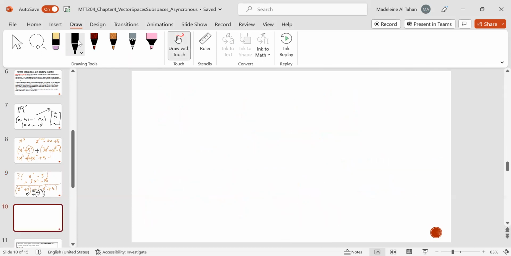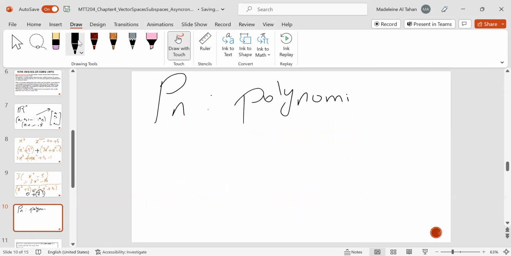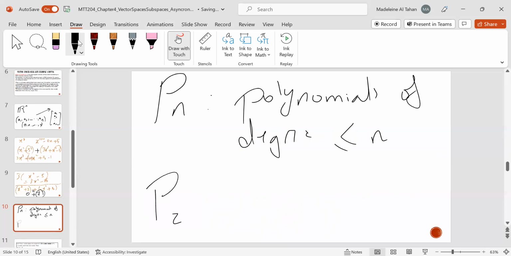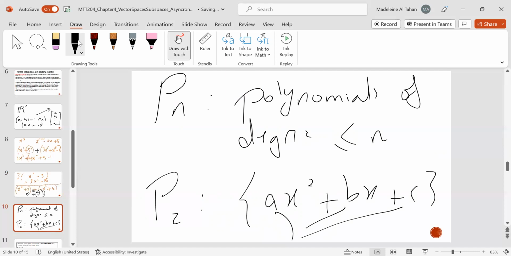So we'll define something else. We'll define Pn. Pn is the set of all polynomials of degree less than or equal to n. So if we have P2, it means anything of the form ax squared plus bx plus c. a, b, and c can be any real numbers, even 0.